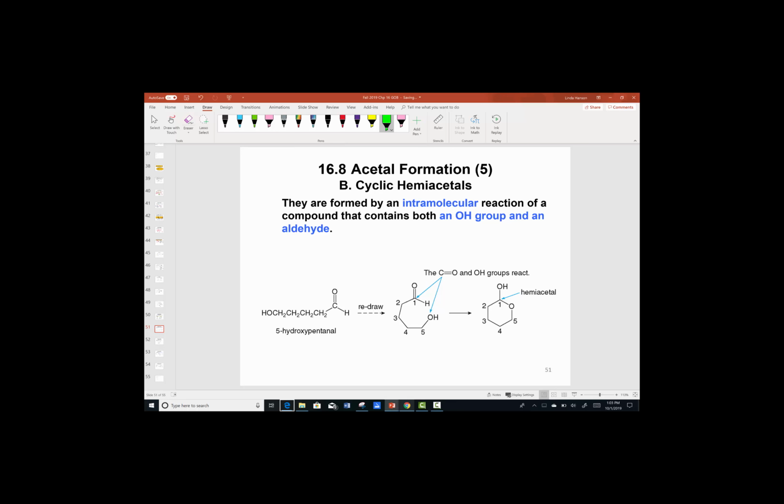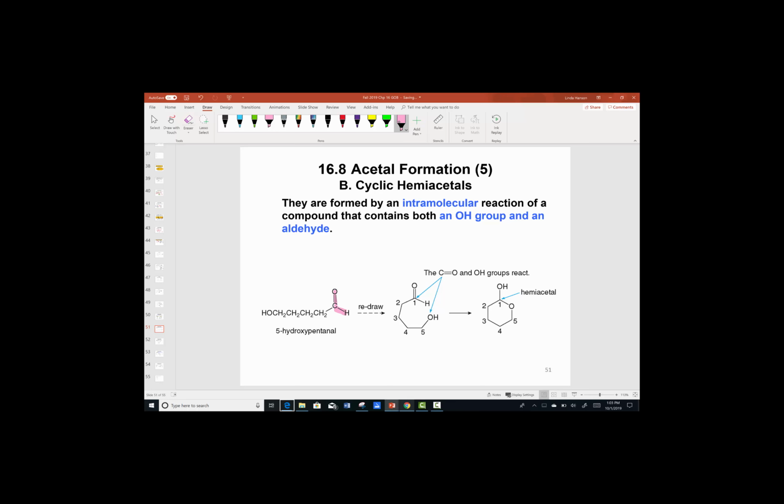Sometimes intramolecular forces cause a reaction of a compound within its own structure to create a cyclic ring that happens to be more stable than the long chain carbon. So we have an OH group from an aldehyde reacting with an alcohol group at the opposite end. So notice what's happening.